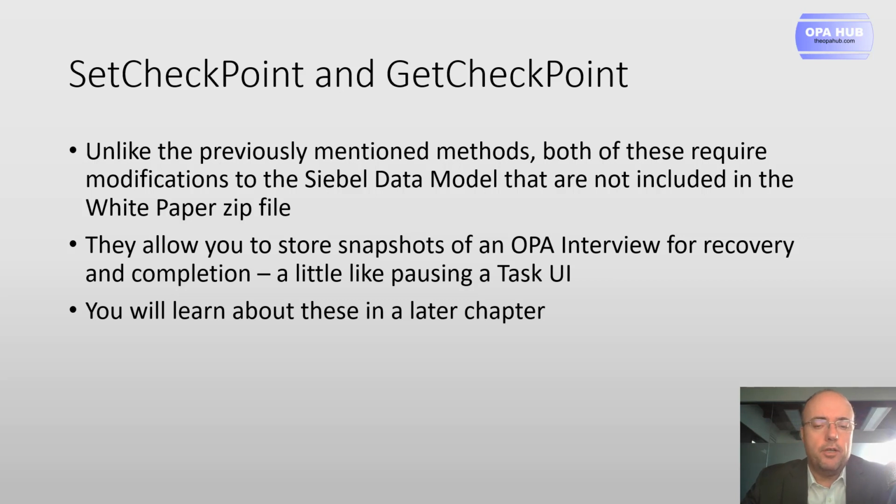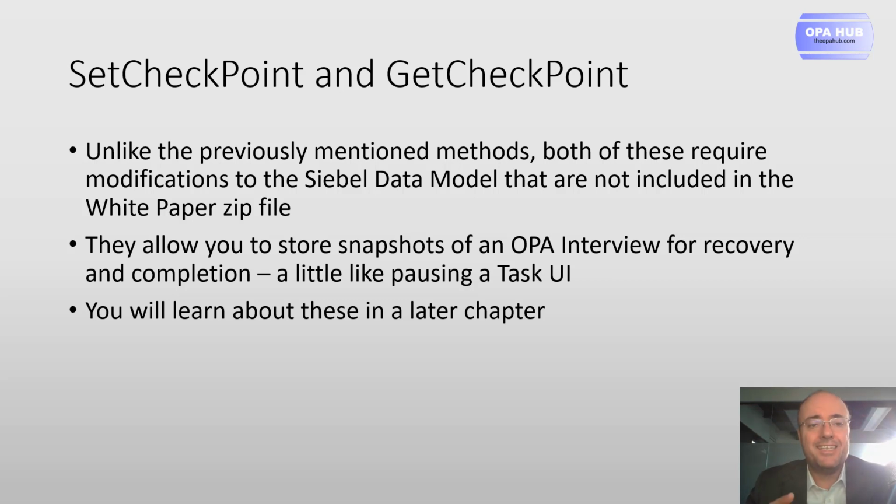Also in video form coming up shortly, and we'll deal with each of these methods in more detail, are set checkpoint and get checkpoint. These are not required for the majority of prototypes. You could get up and running just with check alive, get metadata, load and submit. However, these can be incredibly useful. What are they?